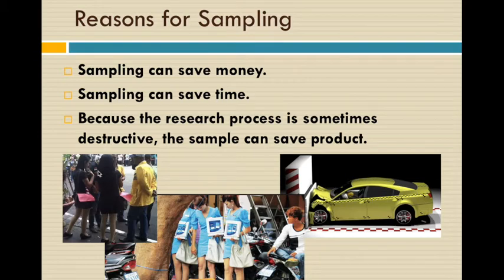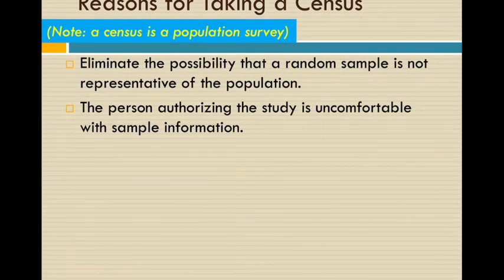So if we have such advantages using the sampling method, then why is a population study still conducted? Because a population census eliminates the possibility that a random sample is not representative of the population. And also, the person authorizing the study is uncomfortable with the sample information.